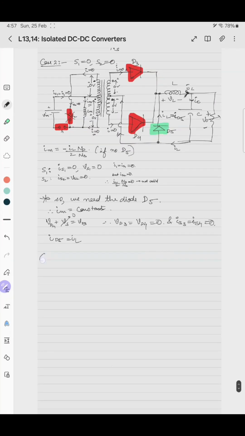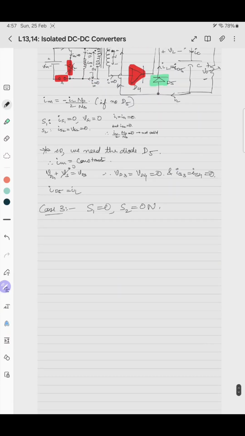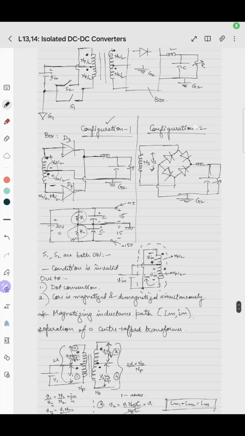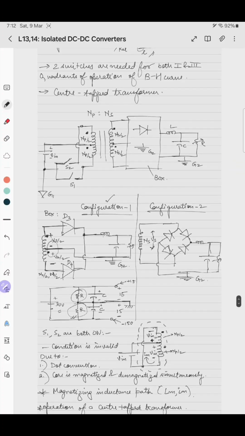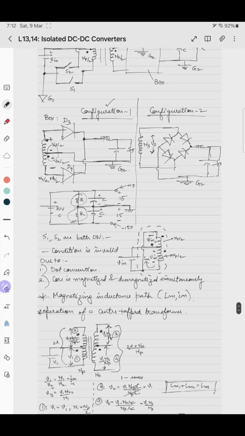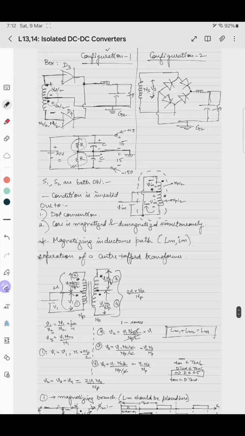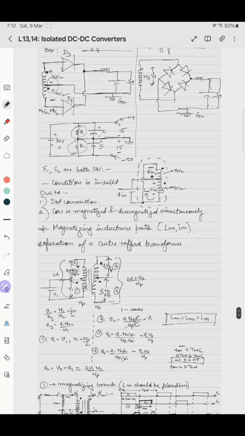And the last case is when S1 is off and S2 is on. So now we'll see the operation of the push-pull converter in the three modes. When S1 is on, S2 is off, it's complementary action, and when S1, S2 both are off.